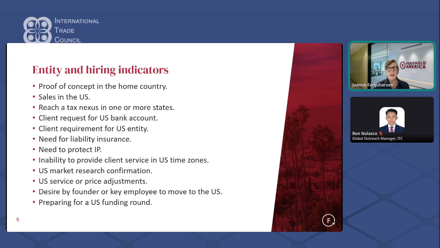There is, not fully, but there is a bias where if you're a venture capitalist or a private equity firm, there's going to be some level of comfort with a US entity, and that this company has landed in the US and has some presence there. So sometimes it's the desire for funding that makes companies take that next step.